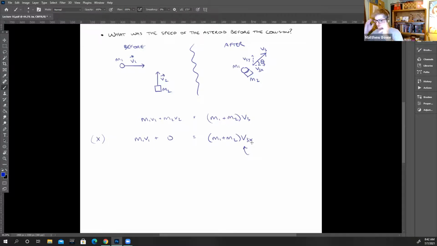This is maybe something we don't have, but we could at least express it in terms that we know already. Let's rewrite this as M1 plus M2 times V3 times cosine theta. We are given an angle of this new trajectory.